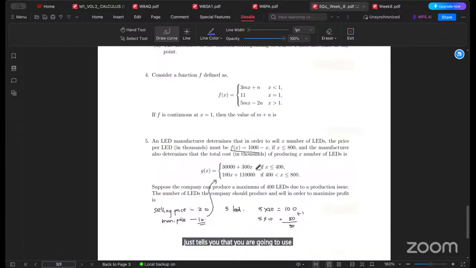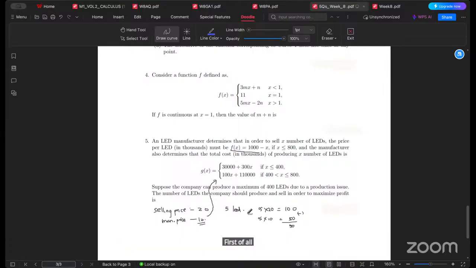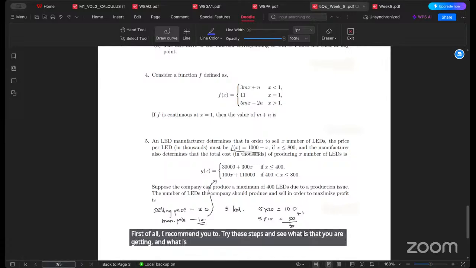The last one, maximize profit, is the number of LEDs the company should produce and sell. What is the value of x for which you are going to get this answer? First of all, I recommend you try these steps and see what you are getting and what you don't know in this part.